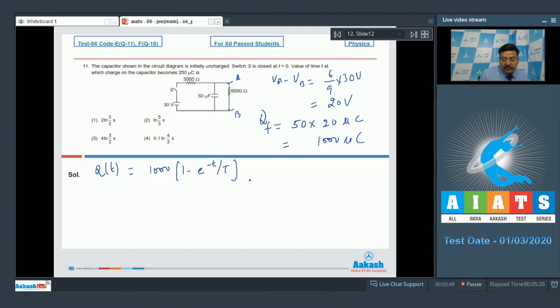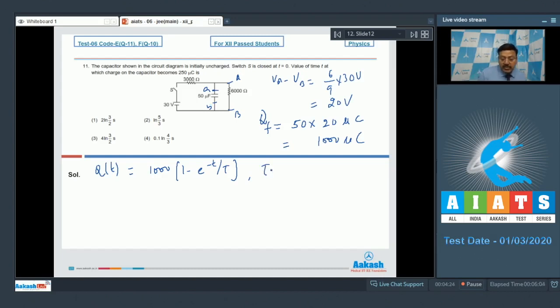We shall of course find the value of tau, the time constant. To find the time constant, we consider that the battery is shorted, the switch is closed, and then what is the effective resistance between these 2 points? Let's call these 2 points small a and small b. We find that the 3000 ohm and the 6000 ohm will be effectively in parallel, and 3000 ohm and 6000 ohm in parallel give us 2000 ohm. So the effective resistance for finding the time constant we can take as 2000 ohm.